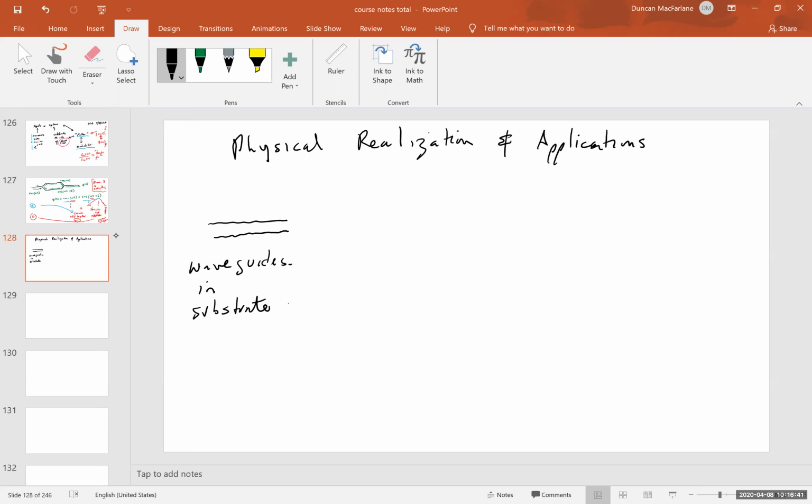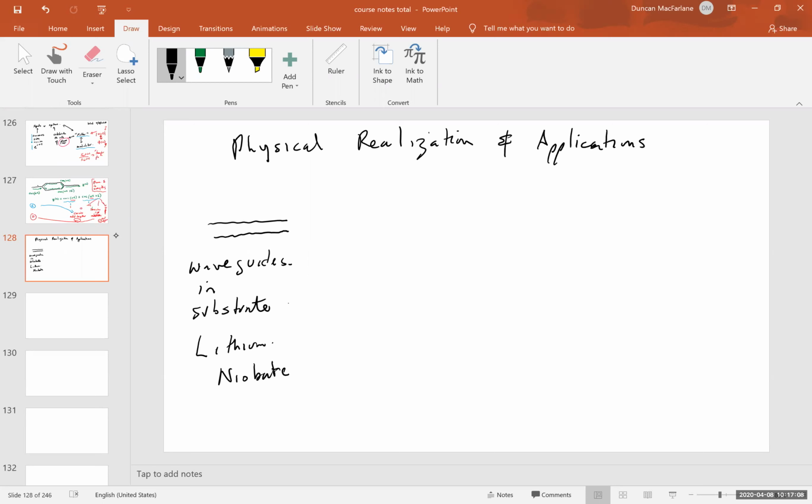Just to be definite, what's usually used is a fancy sounding substrate called lithium niobate. It's a crystal, made up of lithium atoms, niobium, oxygen, and so on.